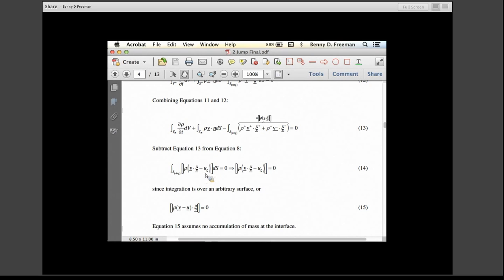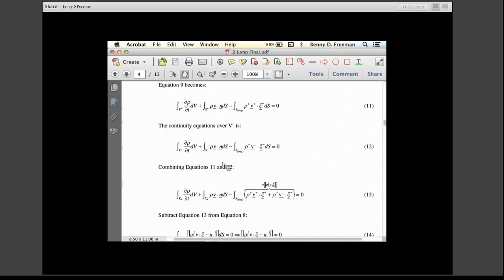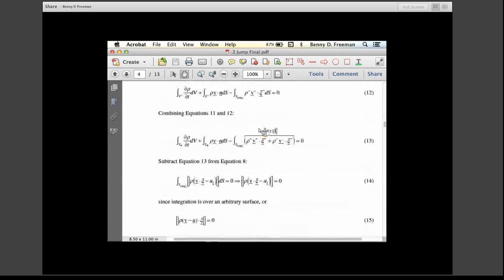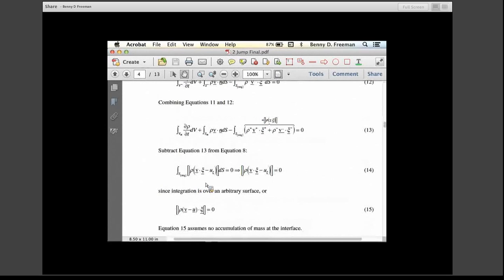Remember that these brackets denote that we are using this definition, and so we have basically that the integral over the singular surface of this term has to be equal to 0.